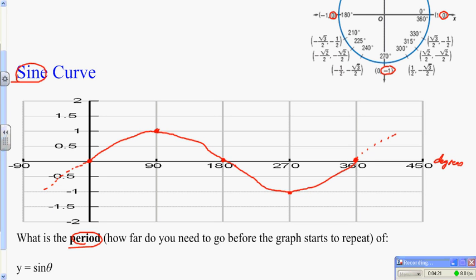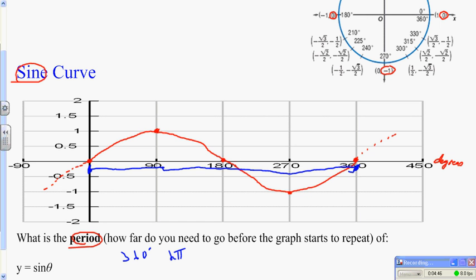So how far do you go before sine starts over? Here it goes up, then it comes back down, but then it goes negative, and then it comes back up, and then it starts over right here. So the period of sine is 360 degrees, or 2 pi.